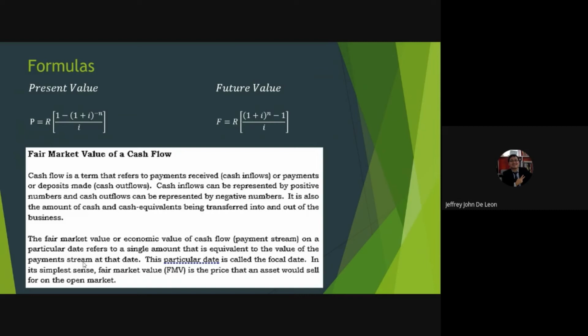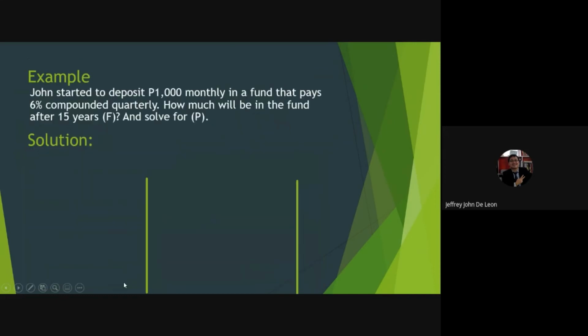In its simplest sense, fair market value, or FMV, is the price that an asset would sell for on the open market. Let's have an example. John started to deposit 1,000 monthly in a fund that pays 6% compounded quarterly. How much will be in the fund after 15 years?